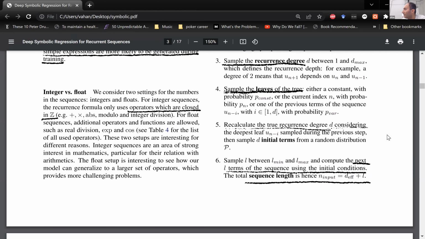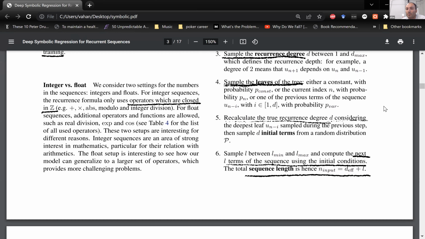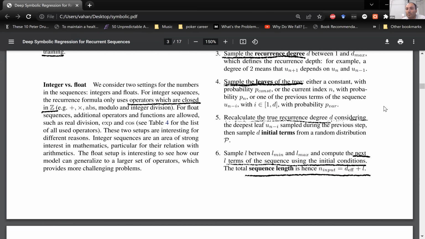Or the value of the sequence at that index. Yeah, that's what I meant by 0 or 1. So it'd be the previous number or the one before it. So actually, is this tree the tree already built? I think you're generating the tree.